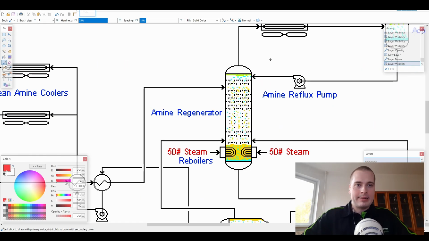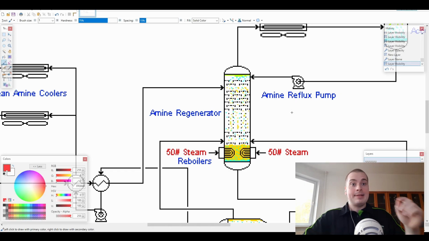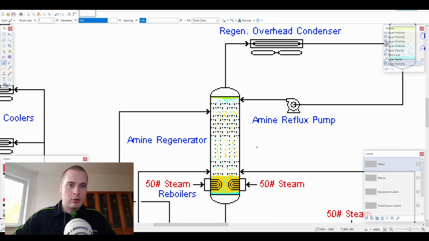So the basic idea behind the amine regenerator is to reverse the reaction we had earlier. When amine absorbs hydrogen sulfide, it generates heat. And then if we add heat to our rich amine, it releases all the hydrogen sulfide it captured for further processing. So let's take a closer look at what happens here.